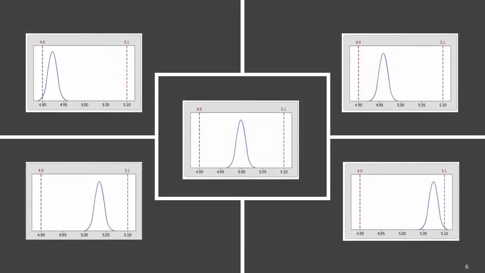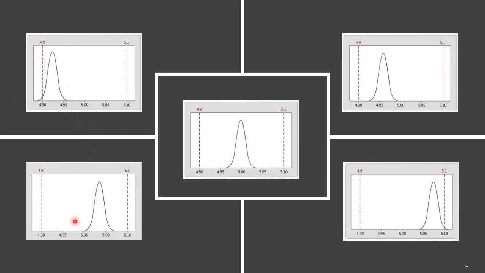We already know that this board meets specification because its distance is exactly equal to the target of 5 mm. Of course, not all parts are made exactly to the target due to variation in the manufacturing process.